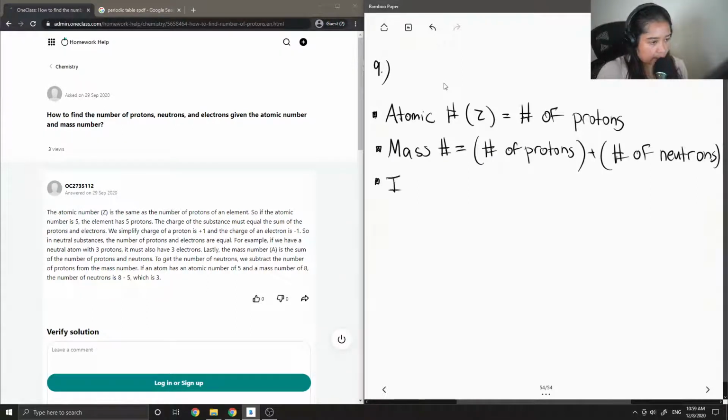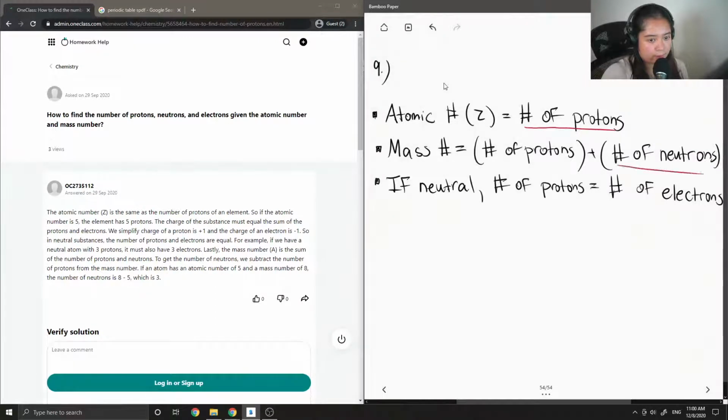And lastly, if we have a neutral atom, so if it has no charge, then the number of protons of the atom is equal to the number of electrons. Okay, so that is all 3. So let's write out an example.